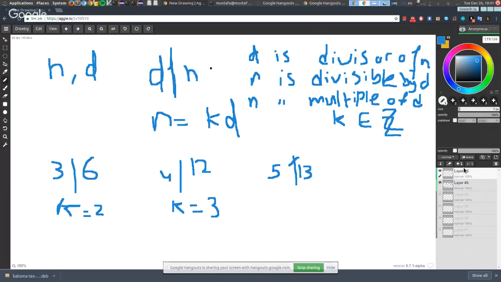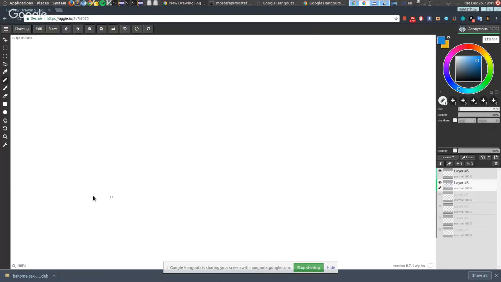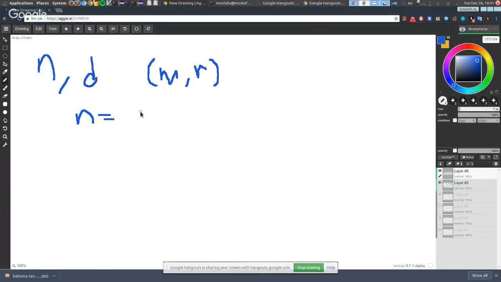Next we get to the division lemma, which says that if we have some n and d, we can always find a unique pair of integers q and r such that n is equal to q times d plus r, where r is greater than or equal to 0 and less than d.